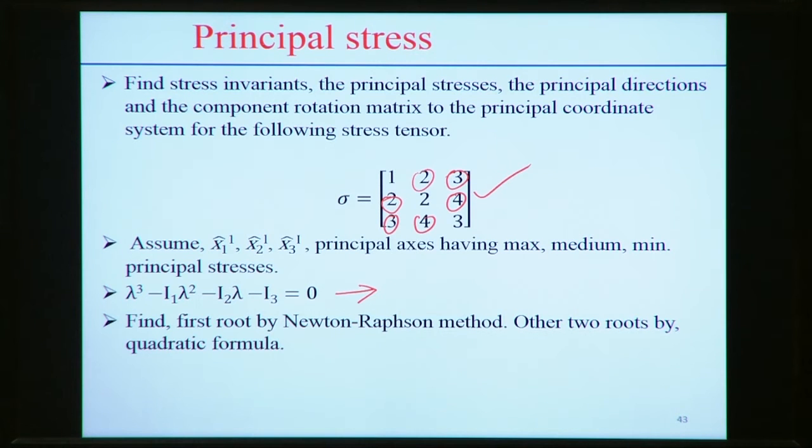Once the cubic equation is formed from the basic matrix of stresses, it can be solved. The first root can be found by the Newton-Raphson method. Then the other 2 roots form a quadratic equation, and by directly solving that quadratic equation we can find the other 2 roots also.